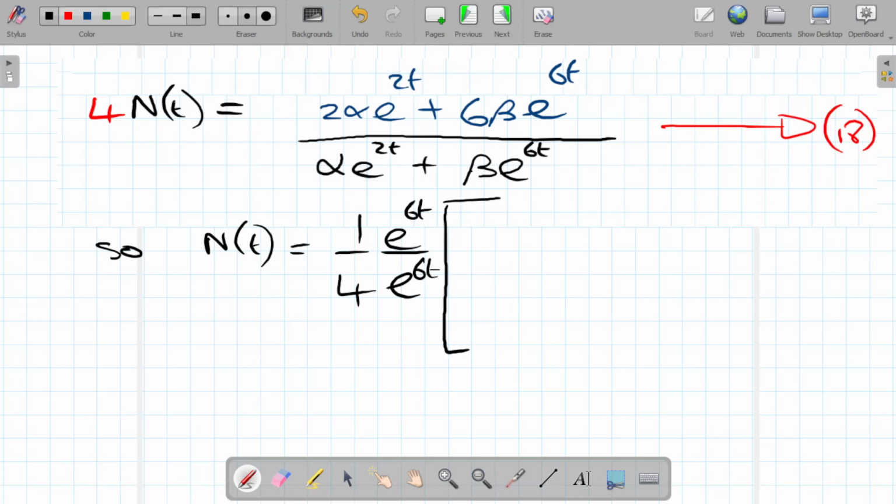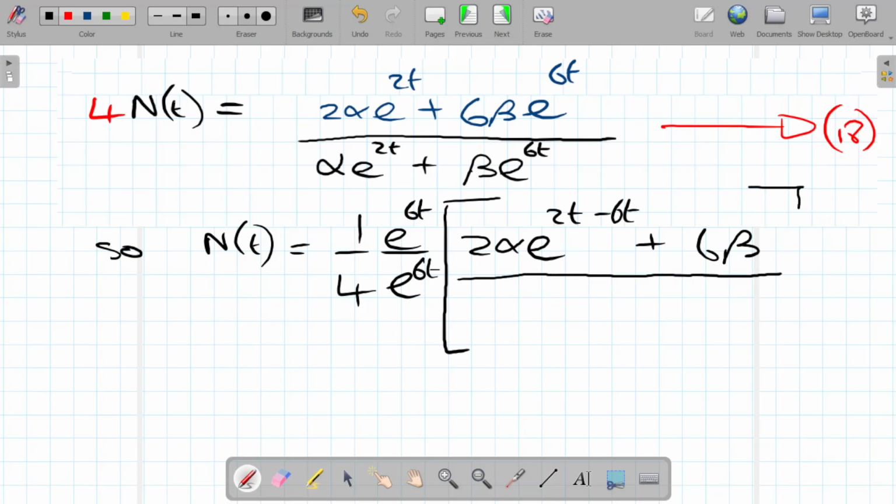I know that cancels, but we'll do that in a minute. What we're left with inside the brackets is 2 alpha e to the 2t minus 6t plus 6 beta, and in the denominator we've got alpha e to the 2t minus 6t plus just beta.